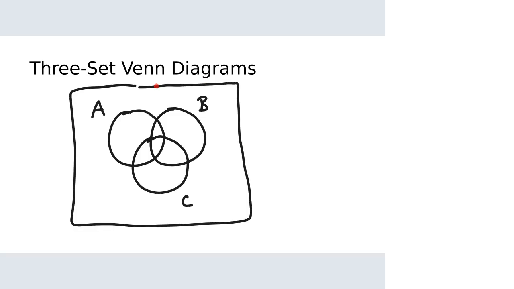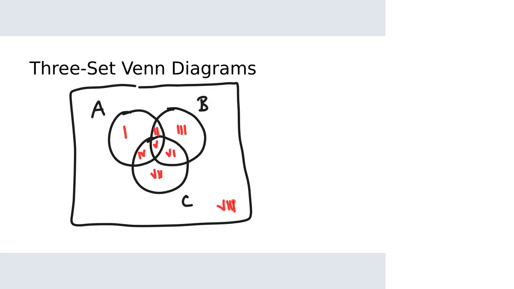What this does is this creates a lot more regions. Now, we're still going to name them with Roman numerals. We're going to have region 1, 2, 3, 4, 5, 6, 7, and 8. So we're going to have 8 different regions in our 3 set Venn diagram.